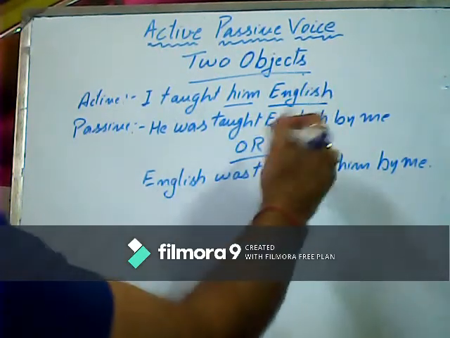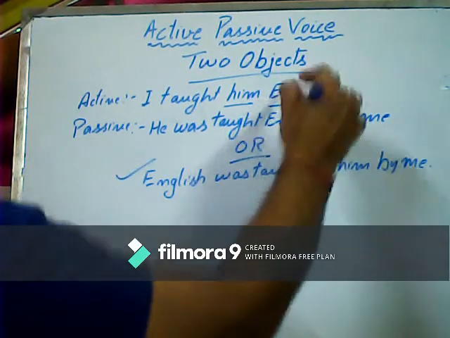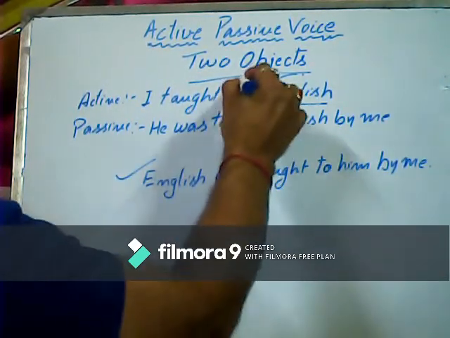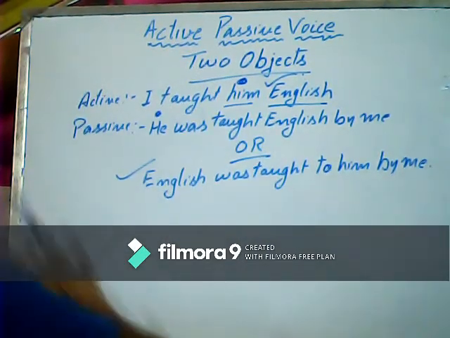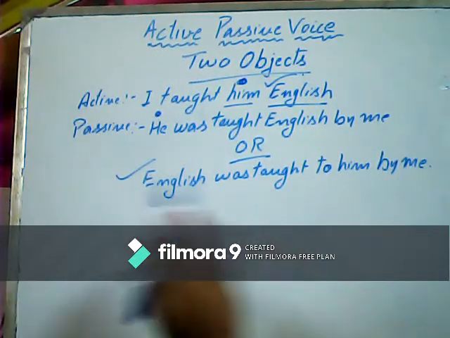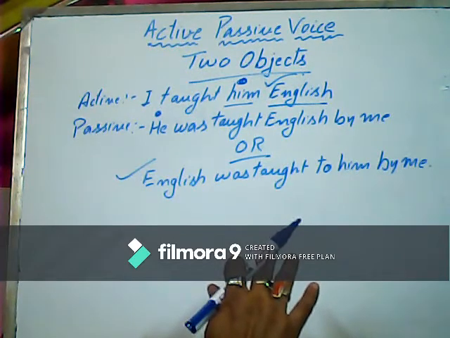Now in the second sentence we have taken the second object, and in the first sentence we have taken the first object here as a subject. So both are correct. You don't have to worry about that. Whatsoever way you write, they are correct. Okay.